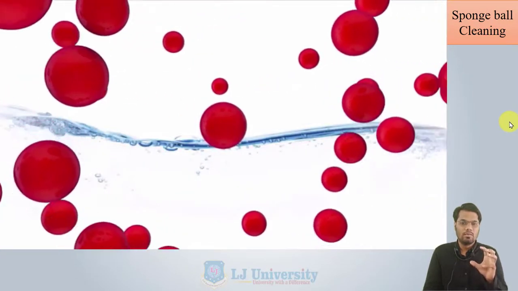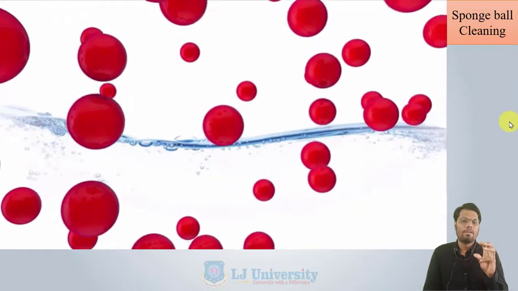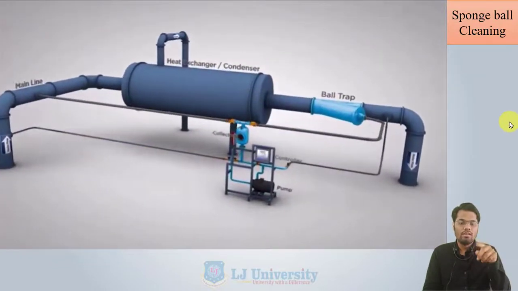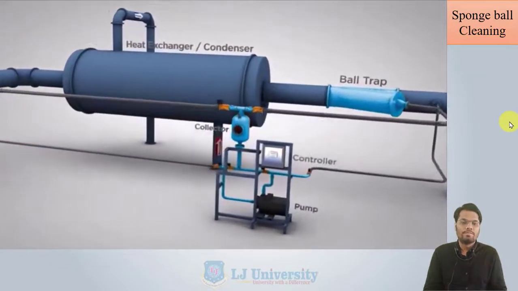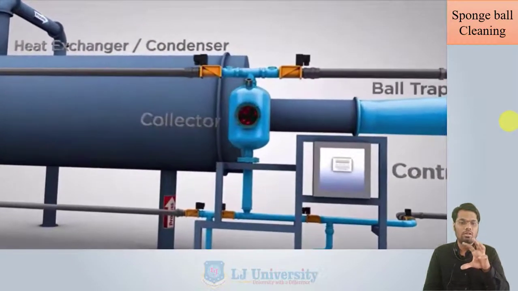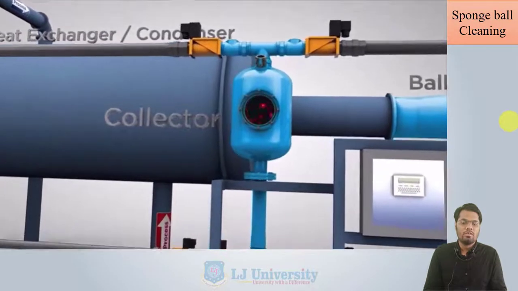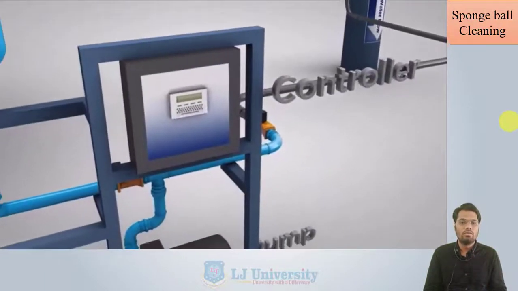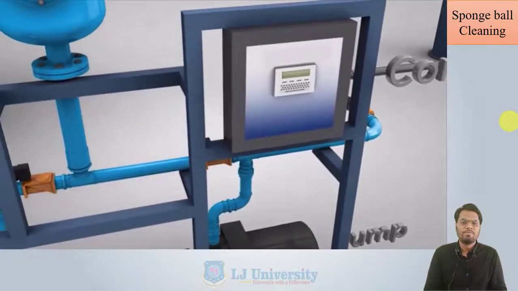In this method, a ball type material is used in a heat exchanger to clean the fouling surface. So this is the collector at which all the balls are collected. Now we have to provide an additional valve for the flow of this sponge ball.